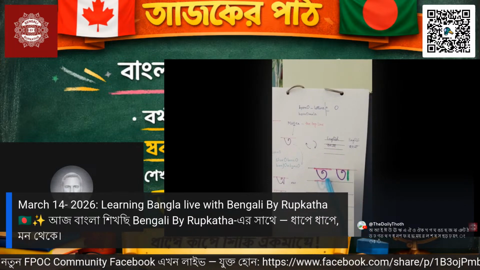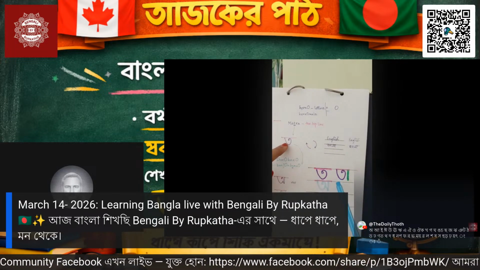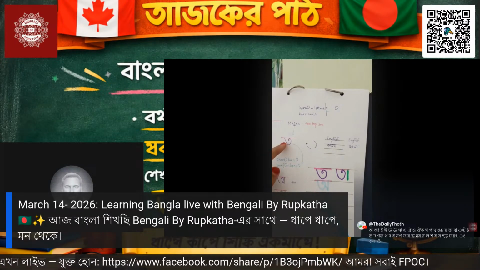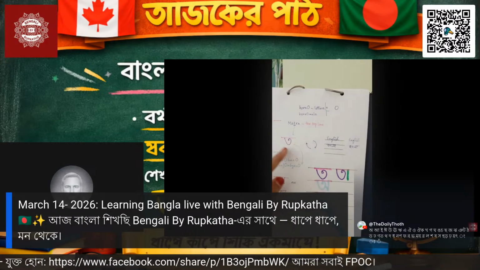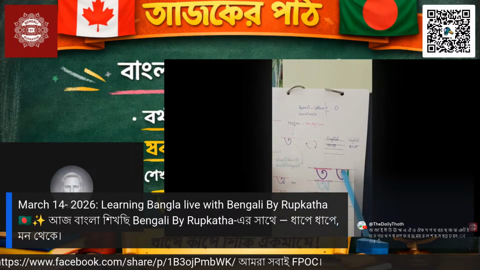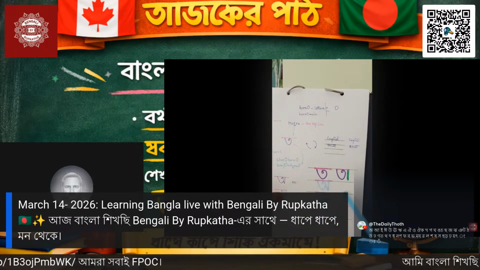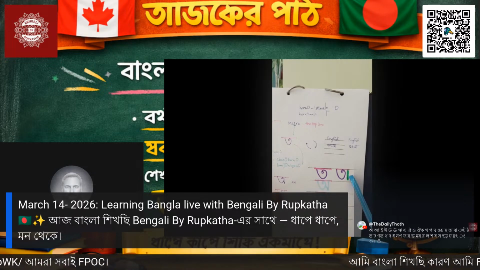What we did here is we took Banjan Barno ta, we had Shoro Barno A. In order to make this ta, which is a new character now, we took the A sound from this letter, put it on top of it or beside it, and now this reads ta.